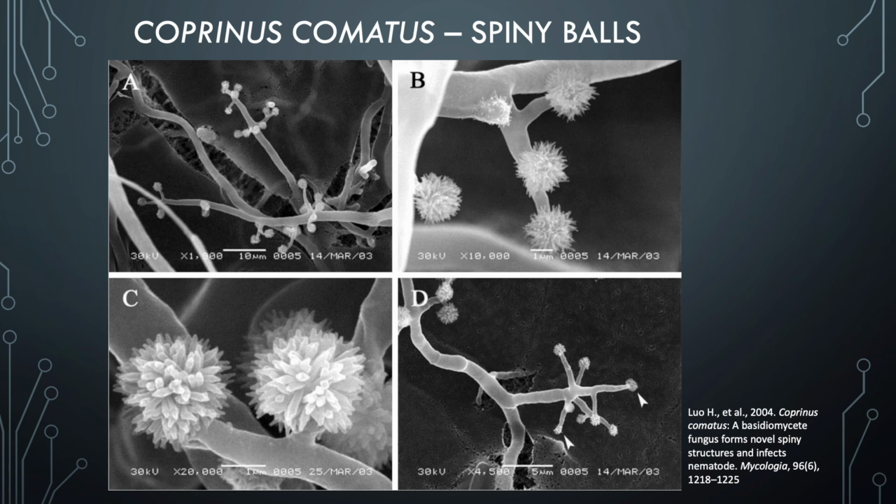Other fungi create special structures in order to damage nematodes and enter nematodes to ingest their contents. An example of this is Coprinus comatus, and these fungi form what scientists have termed spiny balls. And this was discovered in the first instance in 2004 by visualizing these little balls with lots of spines on them.